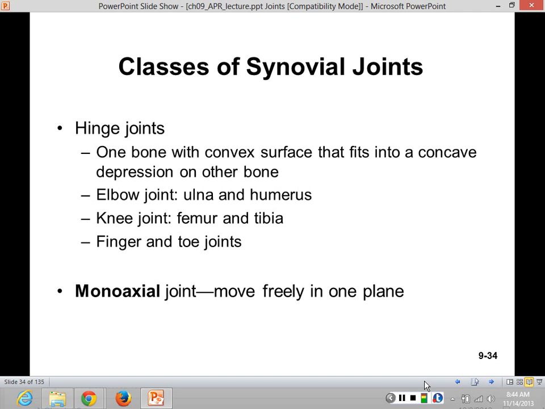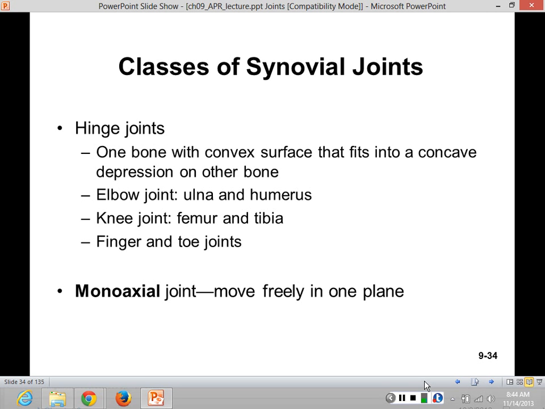Femur and your tibia. Here are your depressions here. These are called condyles. I don't think these were on your bone exam. I should have put them on there. Your tibia has medial and lateral condyles. These little round knobs right here are your condyles on the femur.